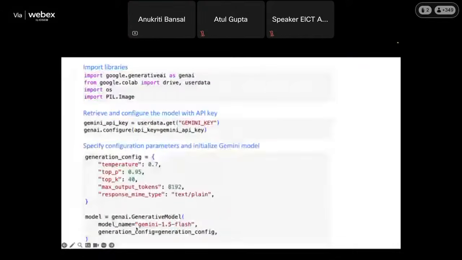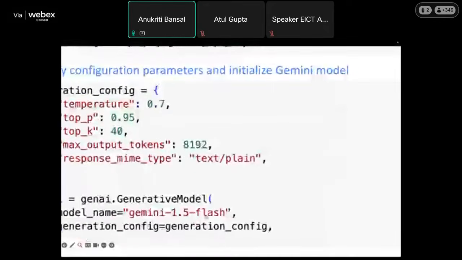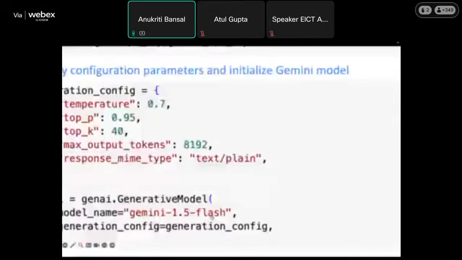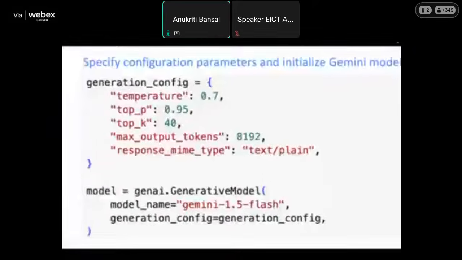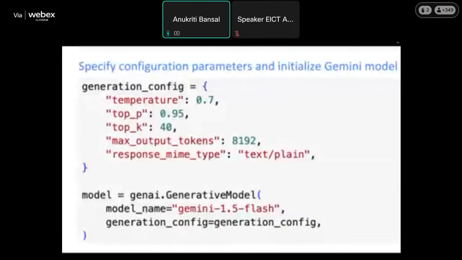And this is the model. It's an old code, so here it is written Gemini 1.5 Flash. You can use Gemini 2.5 Flash. One advantage of using Gemini 2.5 Flash is that though Gemini is a paid model, in the free tier also you get some requests.